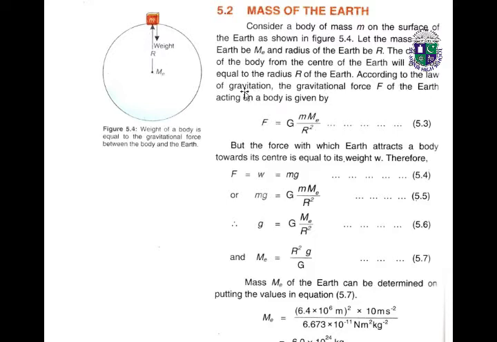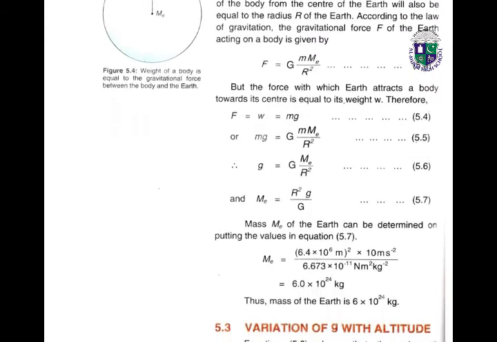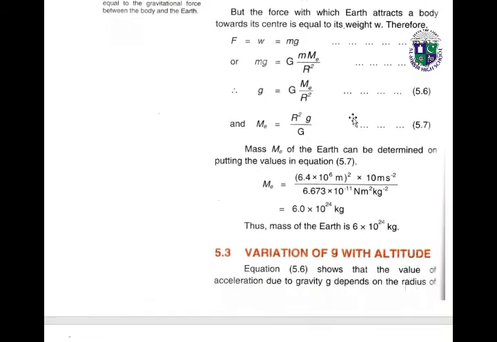So according to the law of gravitation, the gravitational force F of the earth acting on a body is given with the help of this formula, equation 5.3. But the force with which the earth attracts a body towards its center is equal to its weight. Yes, students, we have learned in unit number 3 that force is equal to weight, and weight is equal to mg, mass into gravity. So mg is equal to G, mass of the body, mass of the earth over the square of the radius.